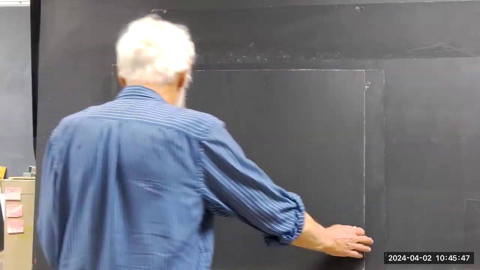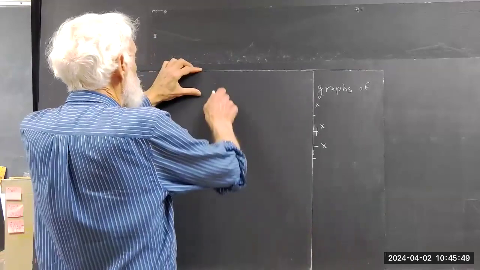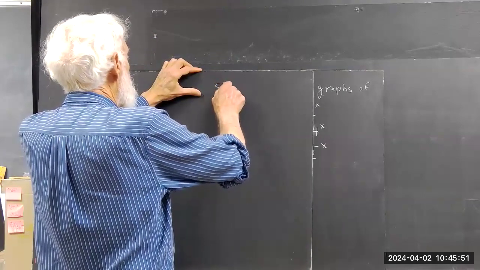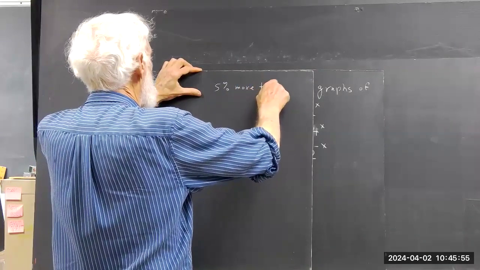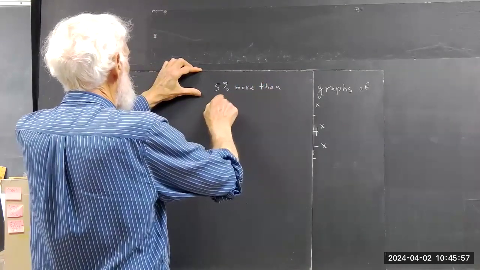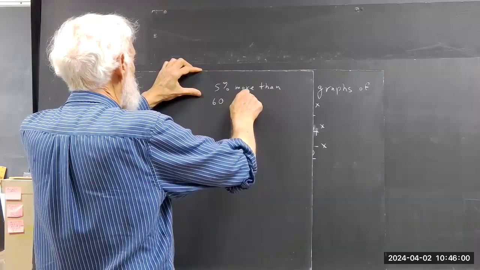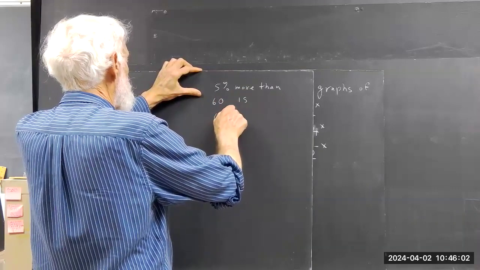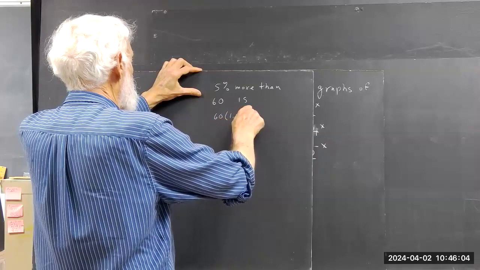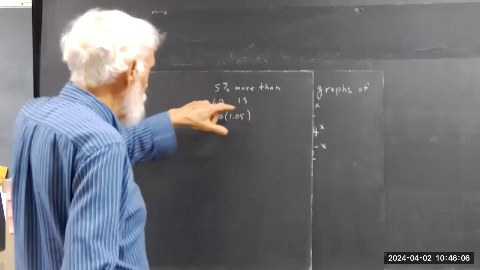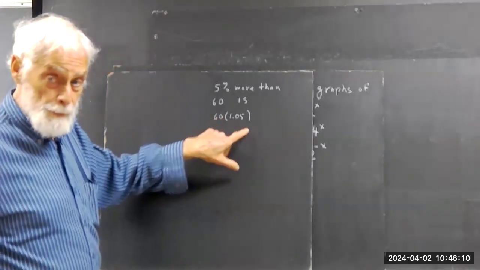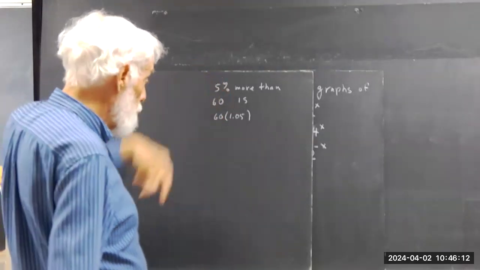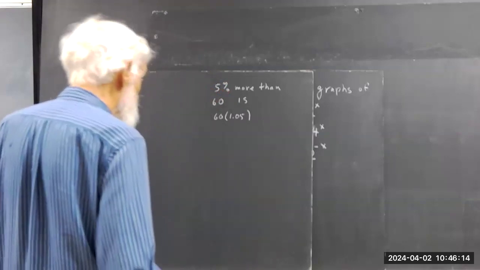Now, 5% more than 60 is 60 times 1.05. Now we'll talk in pre-calculus about why the 1.05.